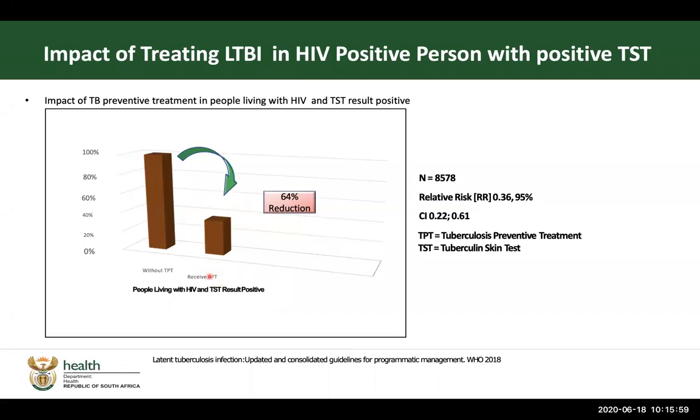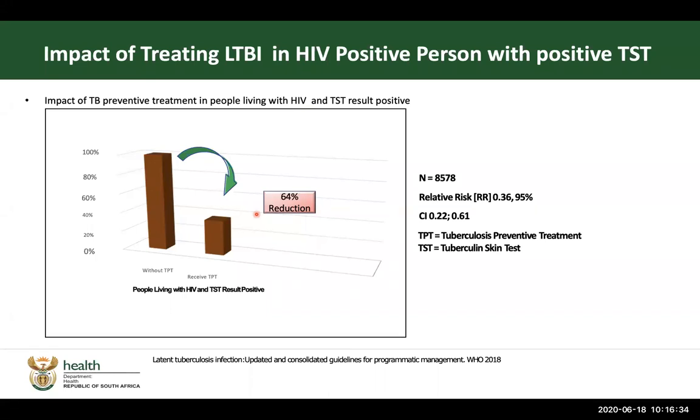Most of these studies also included isoniazid prophylaxis therapy. And I think the key message from this specific review of literature is that if you give TPT to high-risk populations who have latent TB, in this specific instance, there was a confirmation that these patients had a confirmed latent TB infection as evidenced by a positive TST, you get almost a 64% reduction in the number of new TB cases.